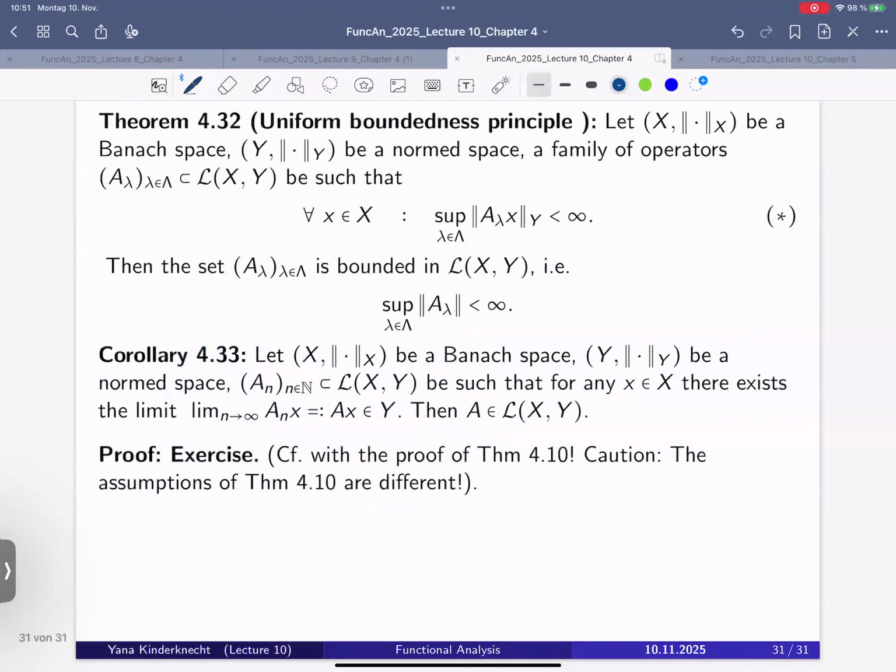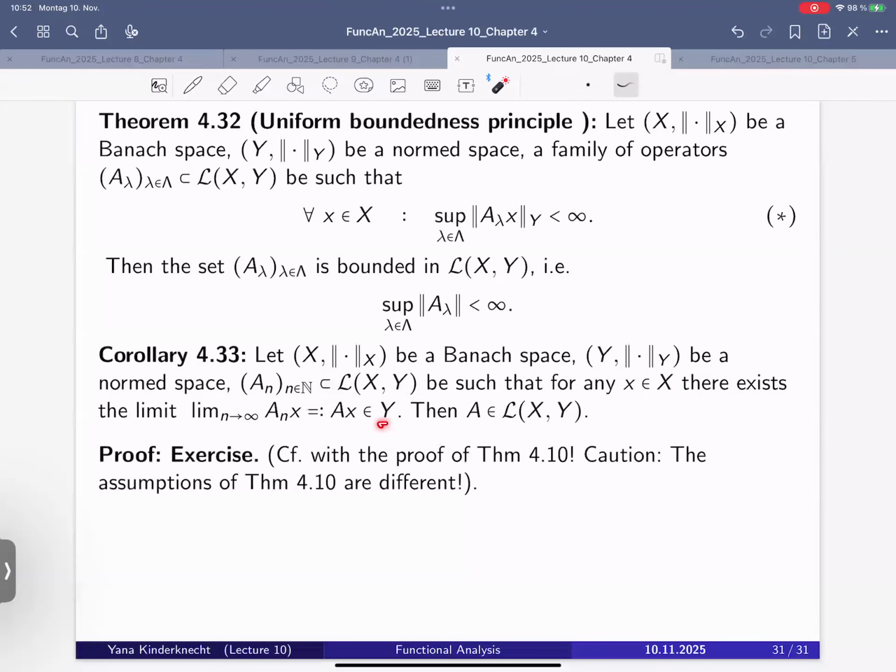Okay, corollary. Let X be a Banach space, Y be a normed space. We have a sequence of operators. All operators are bounded linear operators, or continuous linear operators. We assume that this sequence is pointwise convergent. That is, for any x in X, there exists this limit, and we denote this limit as Ax.